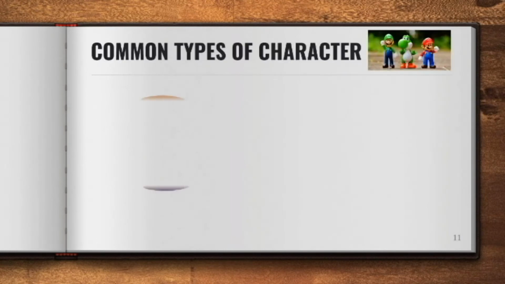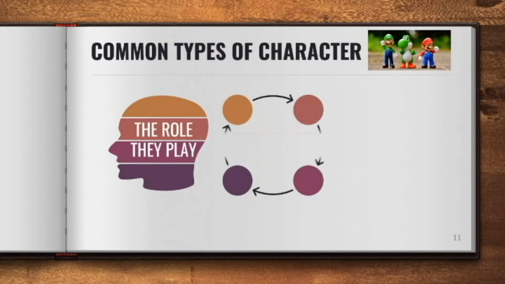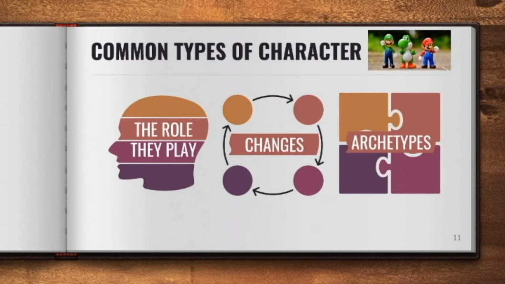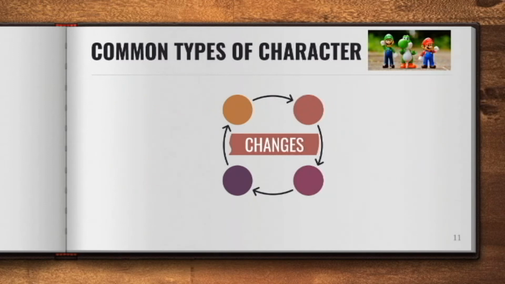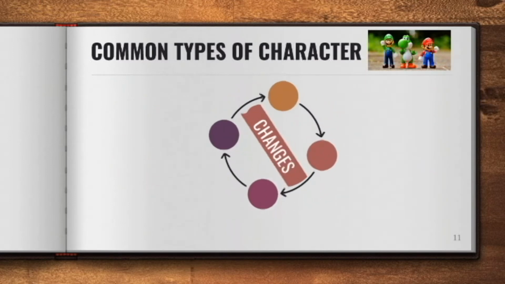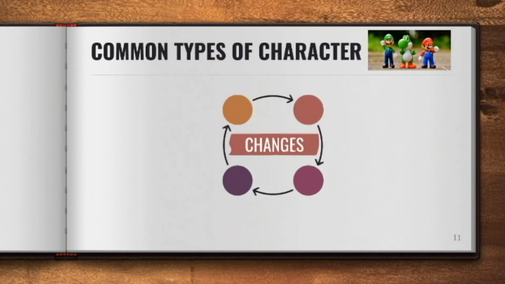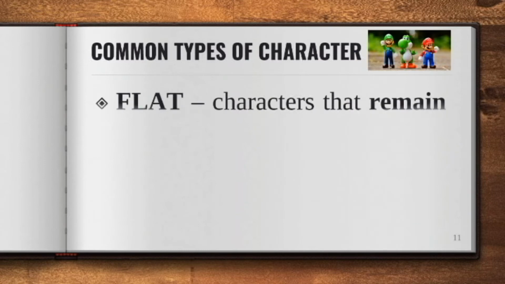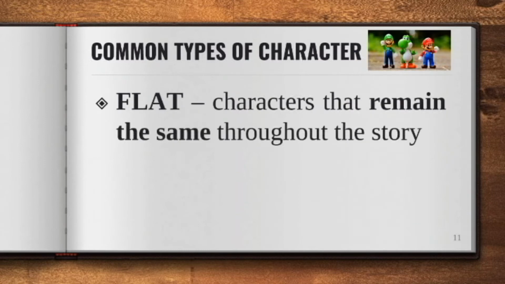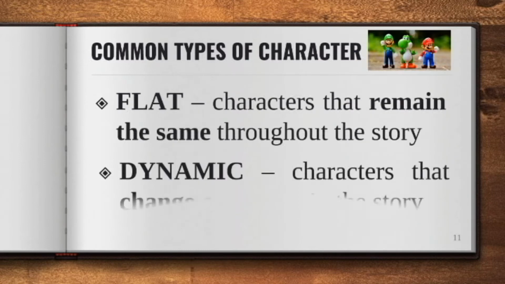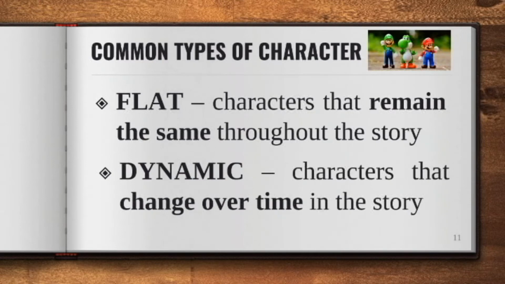It can be by the role they play, by the change that happens to them throughout the story, or by archetypes. The most common types of character, based on the changes that happen to them, are flat and dynamic characters. Flat characters remain the same throughout the story, while dynamic characters change over time in the story.